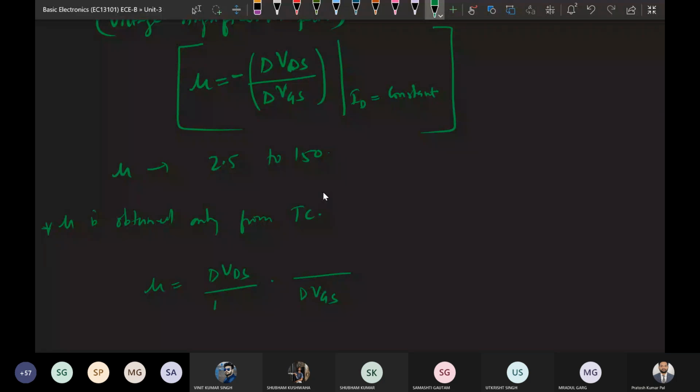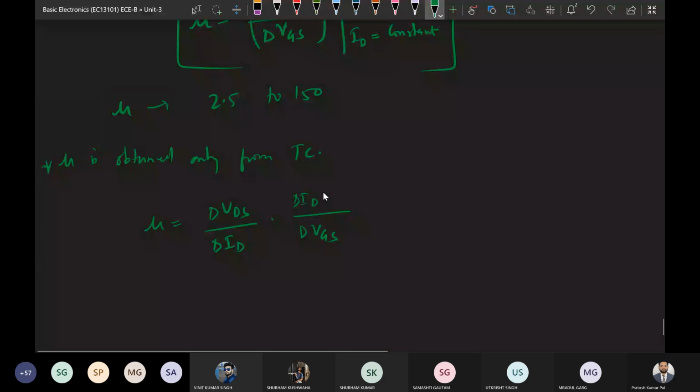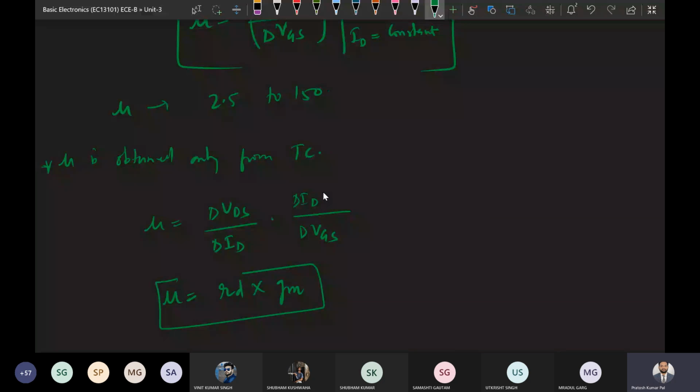If we apply the concept of change in ID and change in ID and multiply, this defines the RD, and this defines the GM. If we neglect the sign, mu will be given by RD multiplied by GM. So your amplification factor will be the multiplication of RD and GM.